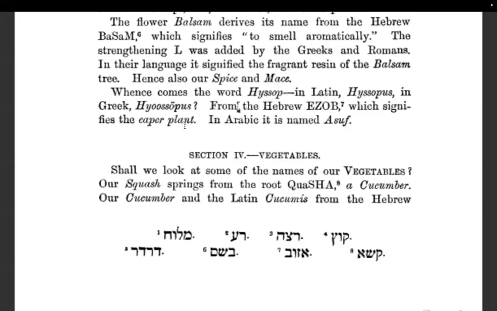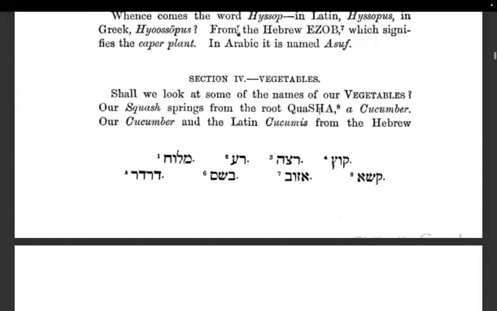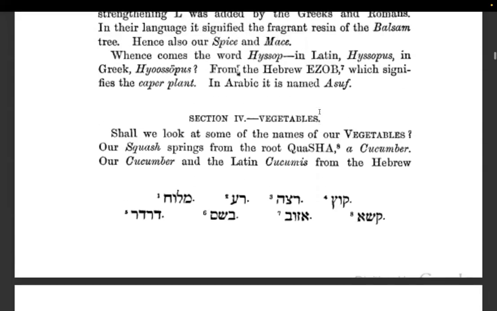In Arabic, its name is asuf. So you can see izob can also become asuf, where the B becomes a P, becomes an F right there. And then the Z and S are interchangeable. A TZ can become an S, a Z, or a T on occasion.